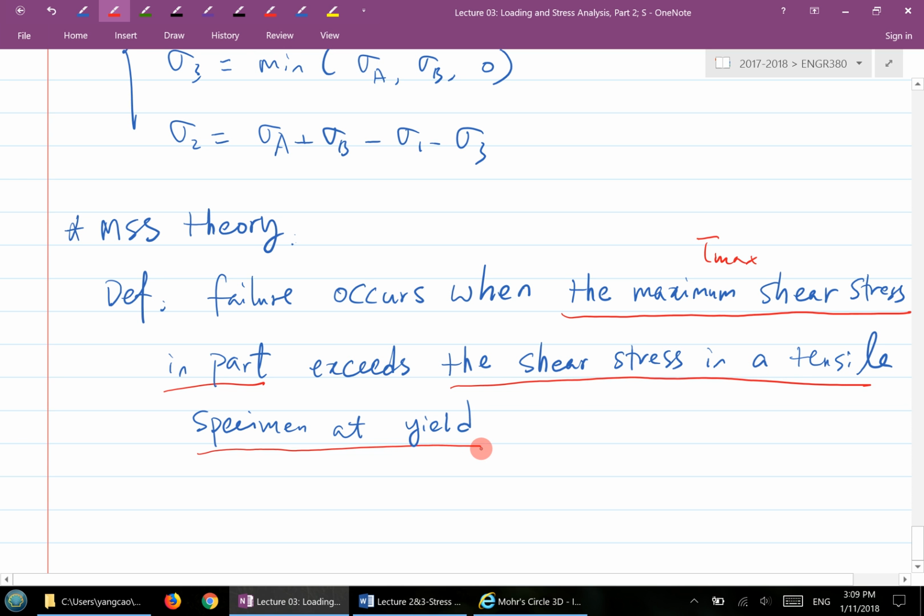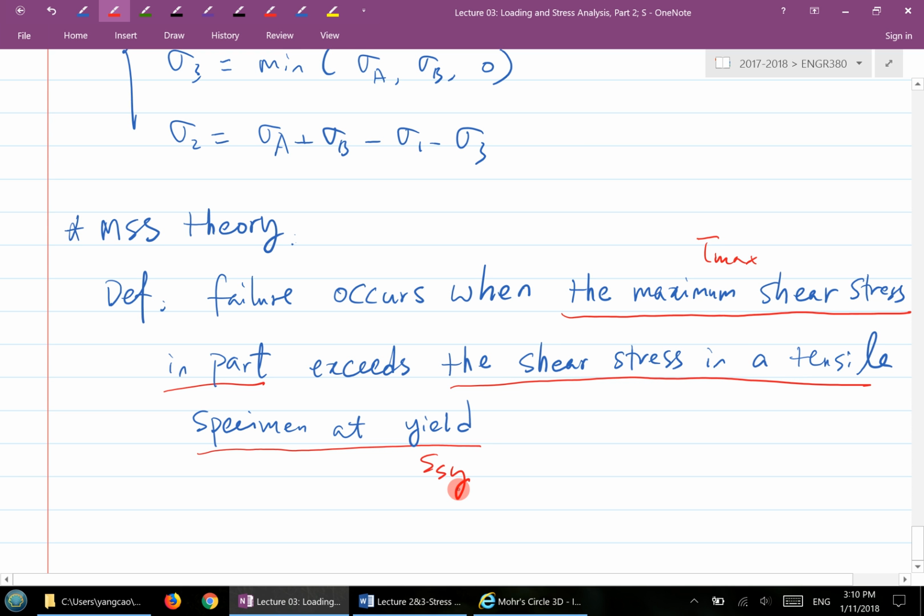The second quantity here is called the shear stress in the tensile specimen at yield. Remember in the first lecture, when we talked about failure, in very simple language, you always compare stress with what? Strength, right? If the stress is greater than the strength, it's failure. So the second quantity here is the strength concept, and notation-wise it is the shear yield strength.